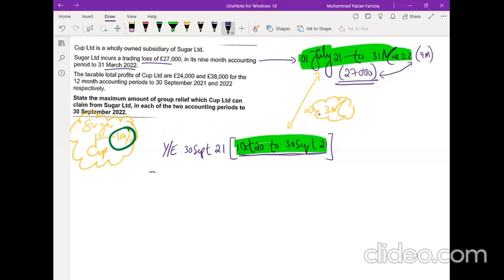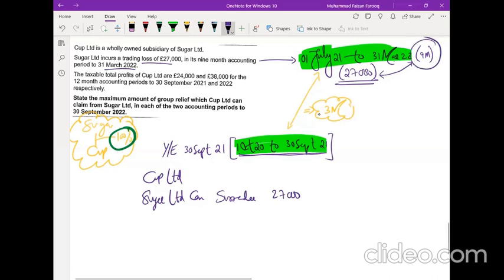Cup Limited, Sugar Limited. Sugar Limited can surrender. The loss is how much? 27,000. Am I right? This loss is for how many months? 9 months. And how many months did we match just now? 3 months.